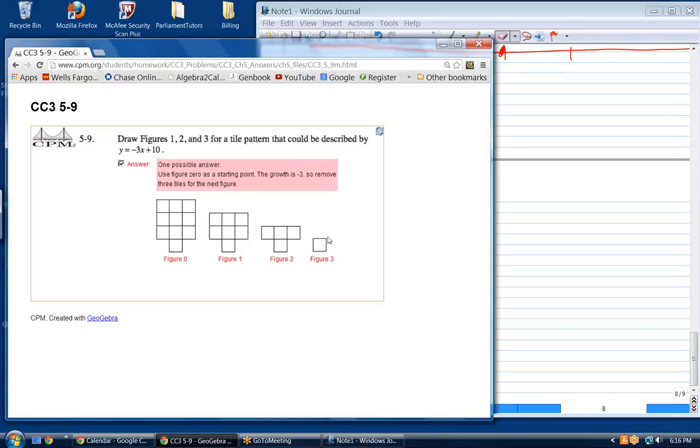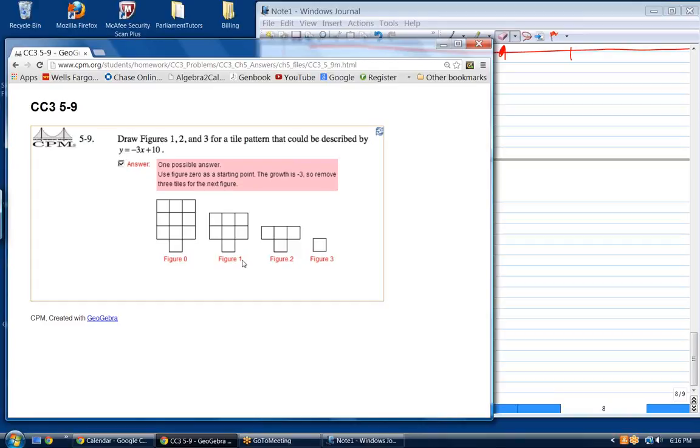Why do these tiles fit this equation? Remember how you did it in reverse? Remember how you came up with the equation based on the tiles? It's because figure 0 has 10 tiles in it, and it goes down 3 every single time. So in other words, when x is 0, y equals 10.